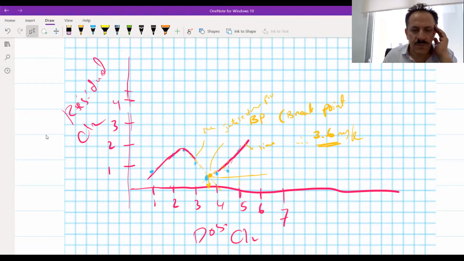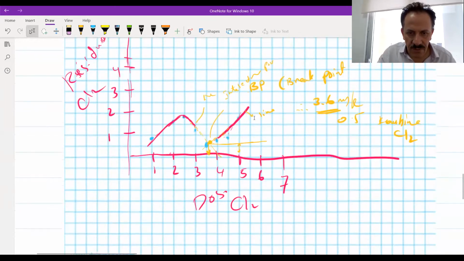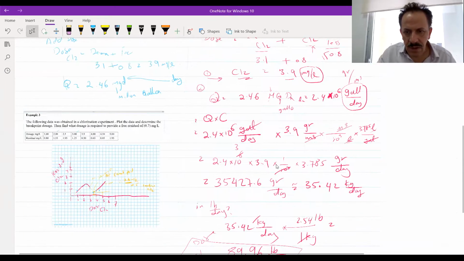we have to have about 0.5 combined chlorine. So just look at what we have in the graph. Look at this one.